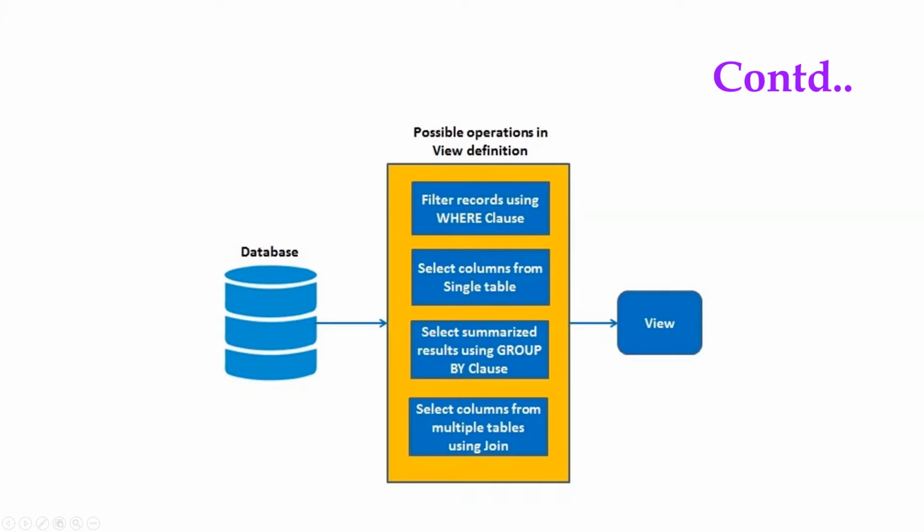I can select different columns from a single table. I can summarize the results using the group by clause, and also I can select columns from multiple tables using join operations. So these are all the operations which are possible with the view definition in order to generate a view for the user.